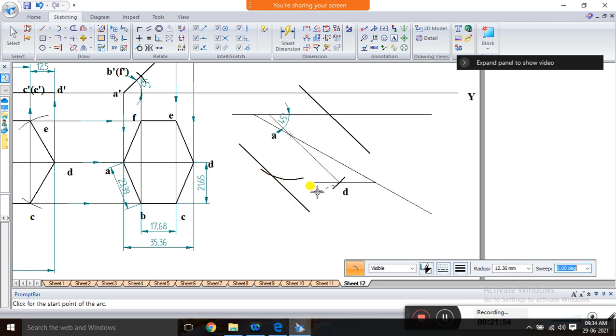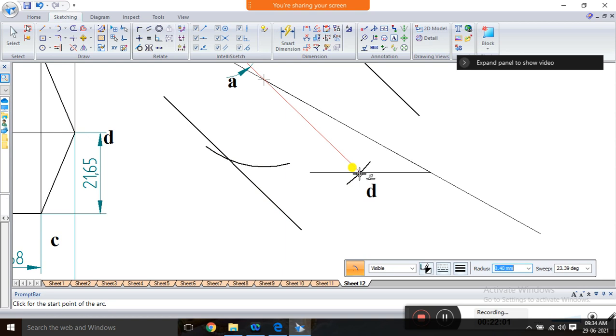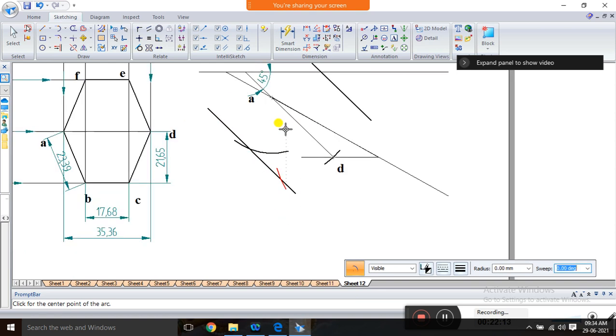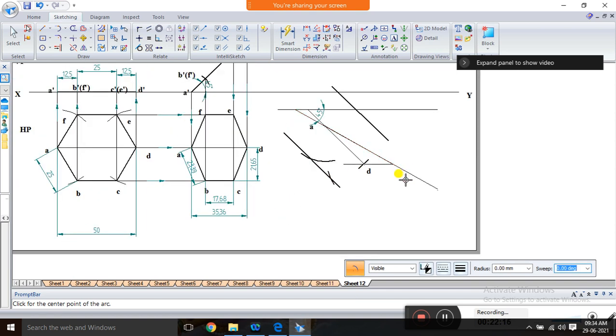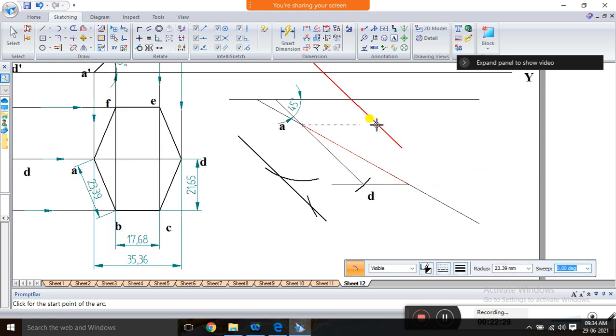Similarly place it here at 23.39, another arc. Then in a similar way here, 23.39, cut the arc which intersects that.